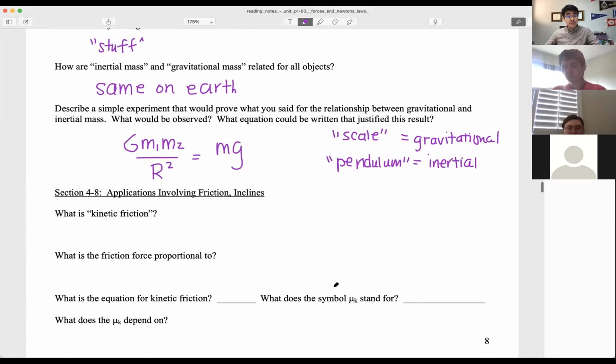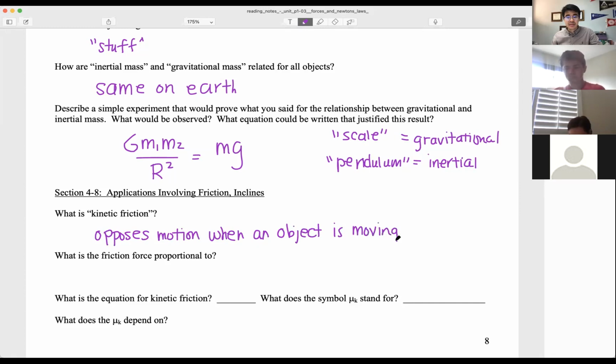And then earlier, we also talked about the whole idea of static friction, which is when things are not moving. And so we have kinetic friction, right? Kinetic friction opposes motion when an object is moving against another rough surface.